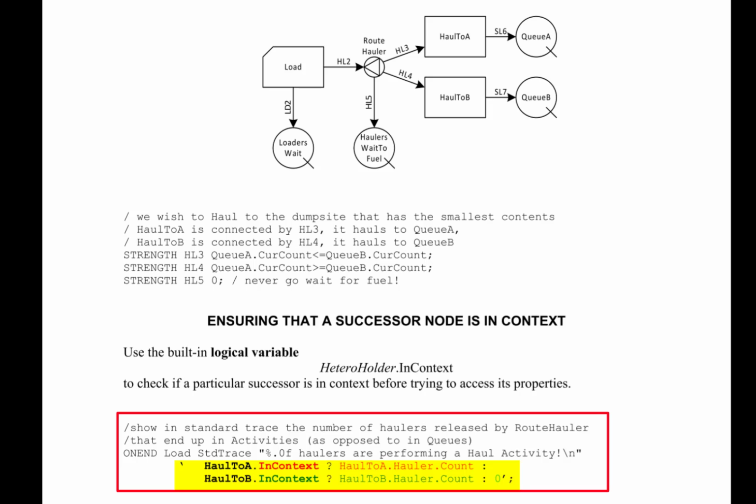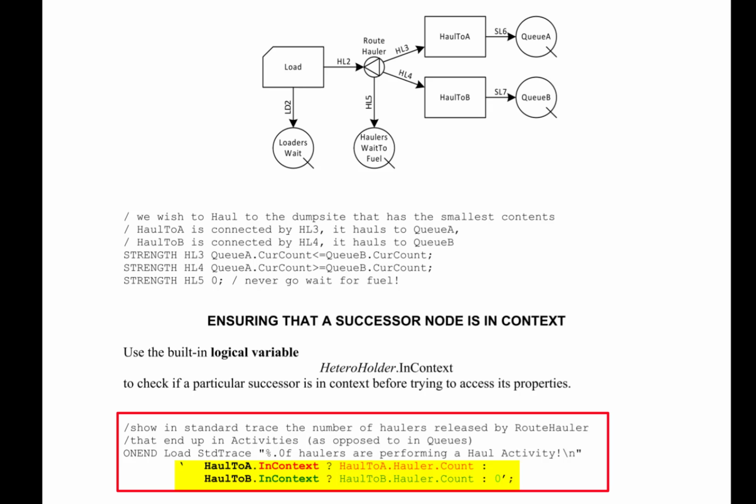The conditional expression first checks to see if hold2a is in context. If it is, then it returns the value hold2a.holler.count, which gives us the number of Holler resources that are currently in the current instance of normal activity hold2a.